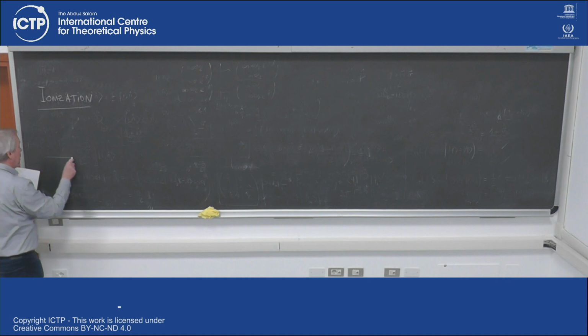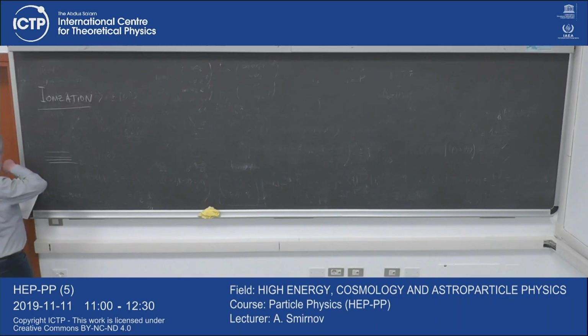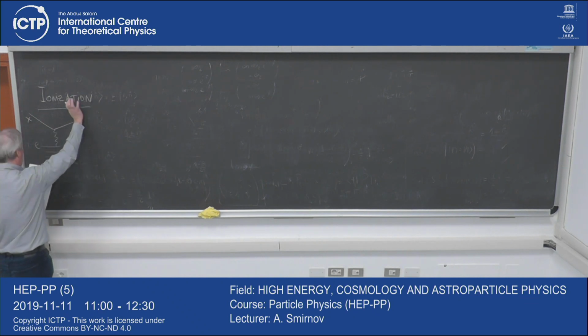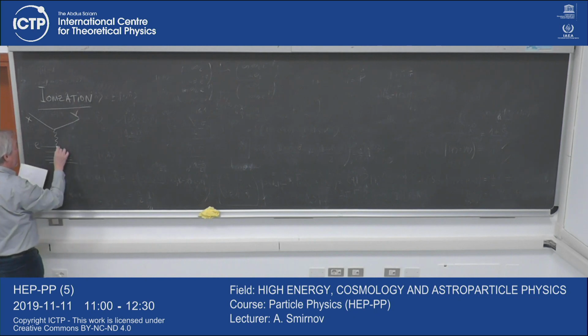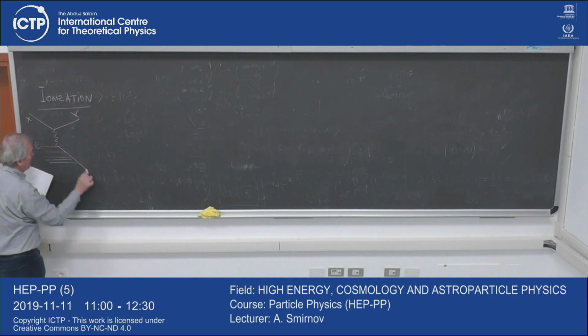The process is that when a particle propagates and scatters on an atom, it can knock out one of the electrons. So this is our particle X, due to electromagnetic interactions, and one of the electrons goes out of the atom.